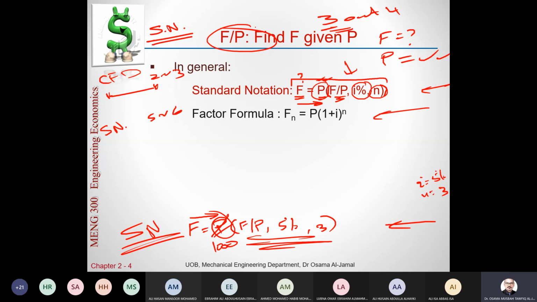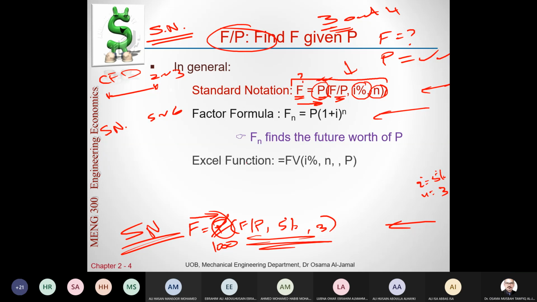Now, if you want to calculate the future value, which is the unknown for us, so FV, that's what we want to calculate. You tell Excel to calculate the FV giving what? Giving those: i for the percentage, 5%, n, 3.